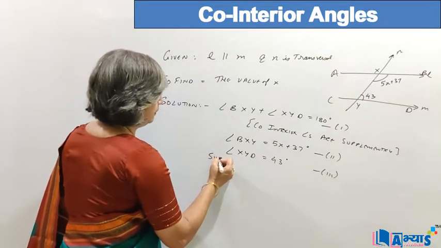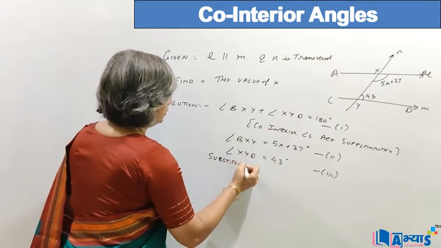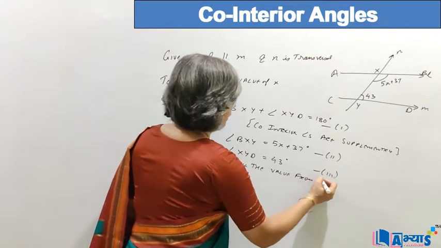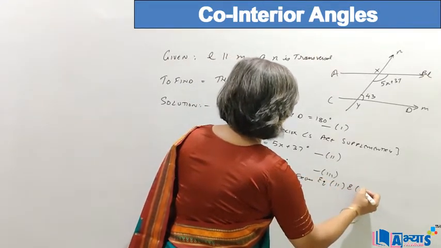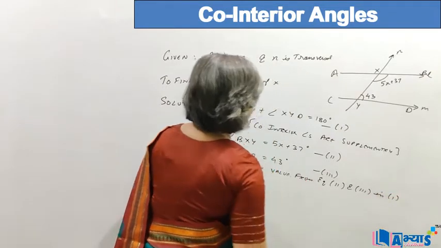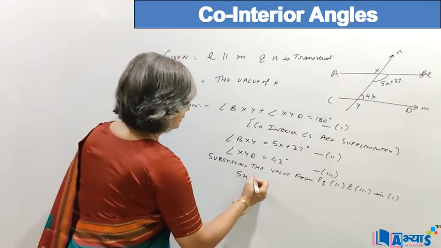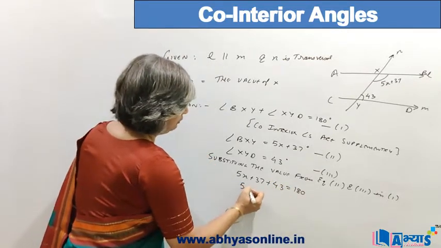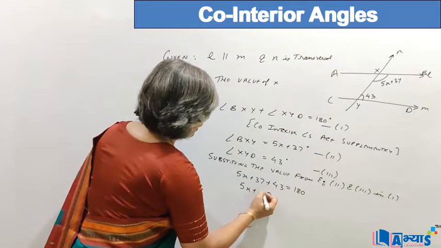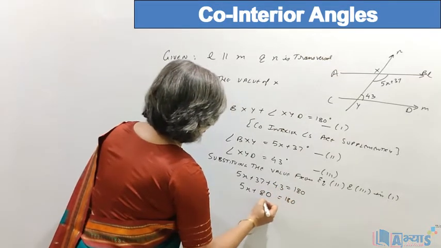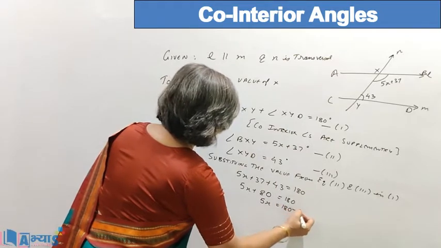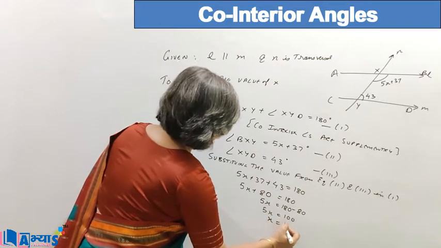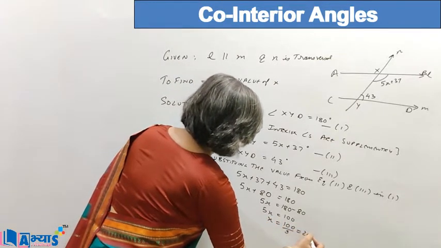Substituting the values from equations 2 and 3 in 1, we can say that 5x plus 37 plus 43 is equal to 180 degrees, or 5x plus 80 is equal to 180, or 5x is equal to 180 minus 80, that means 5x is equal to 100, or x is equal to 100 upon 5, that is 20 degrees.